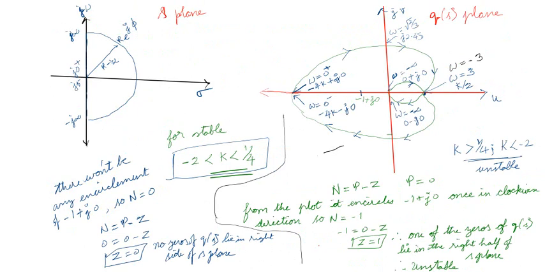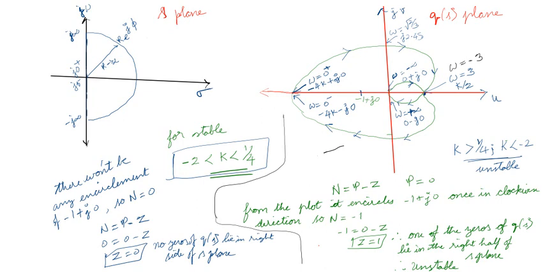Just a moment, this should be plus infinite, sorry. So omega minus infinite, I get 0 plus j0. Then omega 0 plus, the point is minus 4k plus j0. Omega 0 minus, the point is minus 4k minus j0, right? And for omega plus infinite it is 0 minus j0, right?